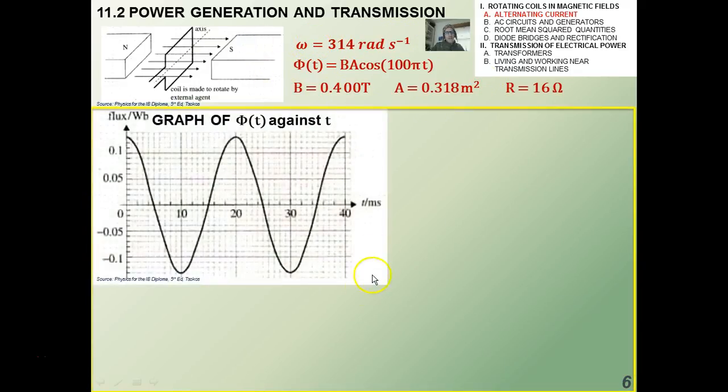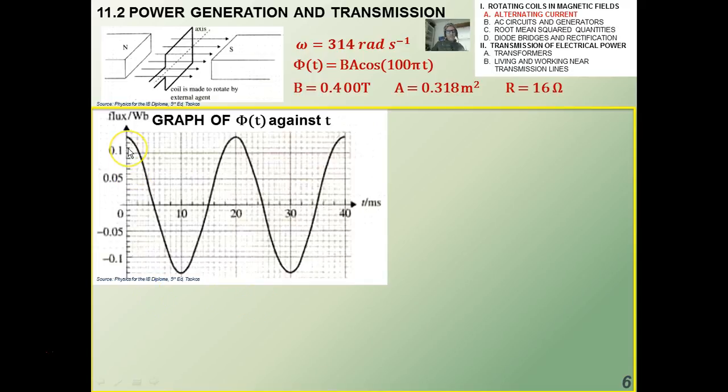Same idea, okay? First graph, we're going to talk about the graph of the flux against time. Now, remember that we get a maximum flux when the plane is perpendicular to the B field, okay? But since it's going around, I'm not talking about the change in flux, I'm just talking about the flux. That flux is itself periodic, and we can graph it, okay?